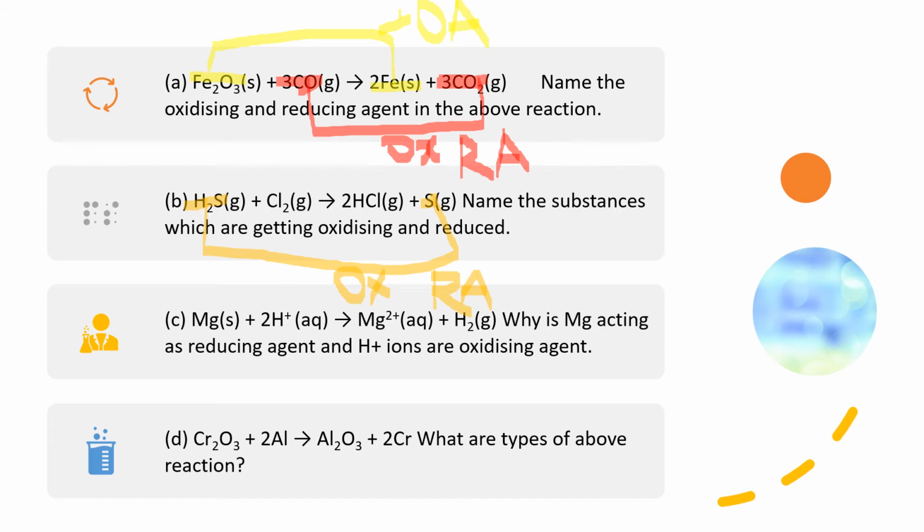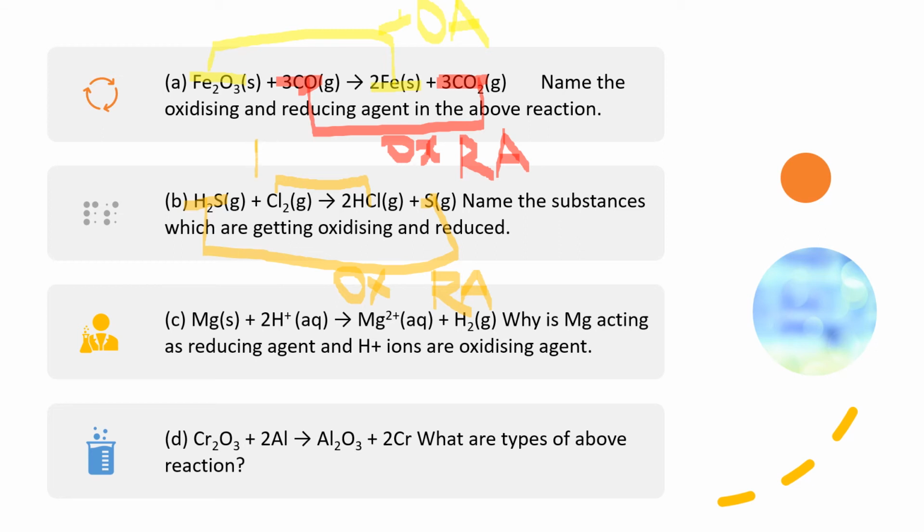Now we are moving to see what happens to chlorine. Here, addition of hydrogen happens to chlorine. Here there is single chlorine and on the product side you can see hydrogen is added to chlorine. That means hydrogen addition, which means reduction.